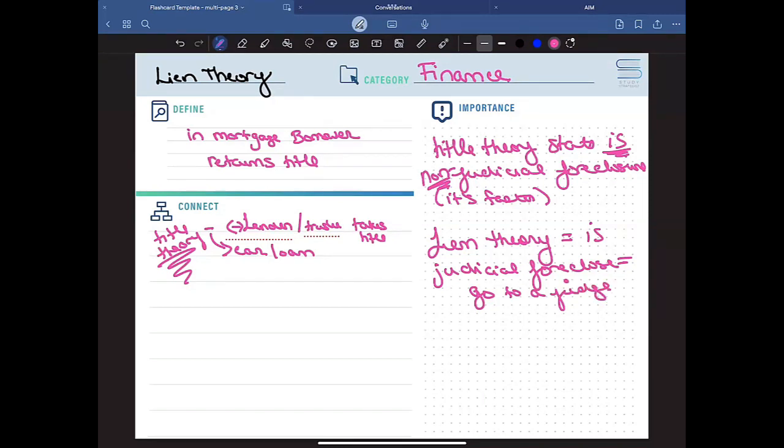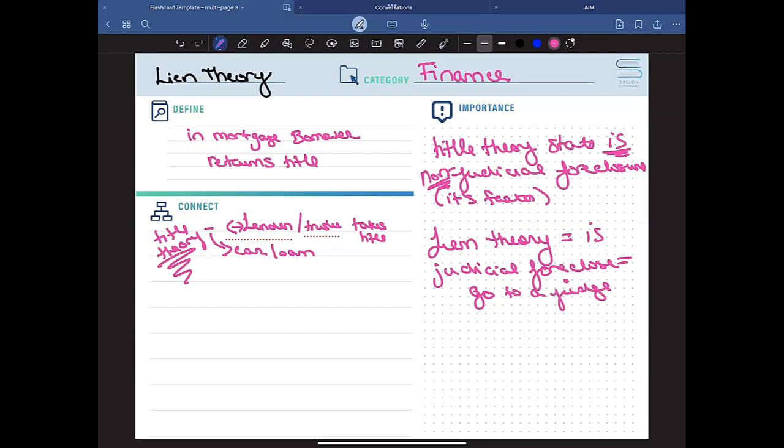One of the things I like to point out is the Great Recession, 2008, 2009, 2010. In some states like Florida, which is a lien theory state, people would be foreclosed upon in April of 2009 and get a notice of foreclosure.